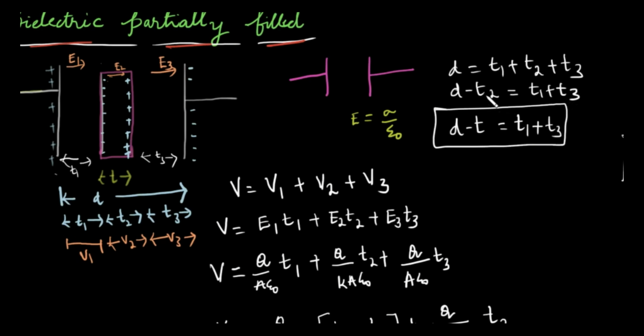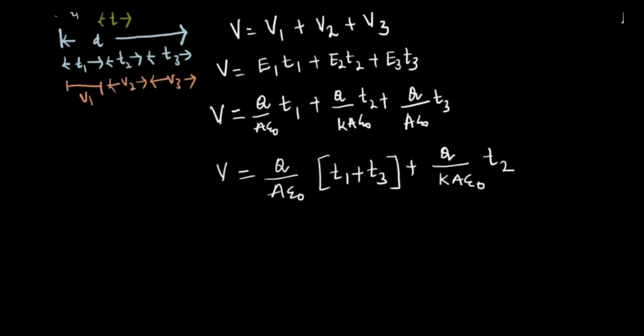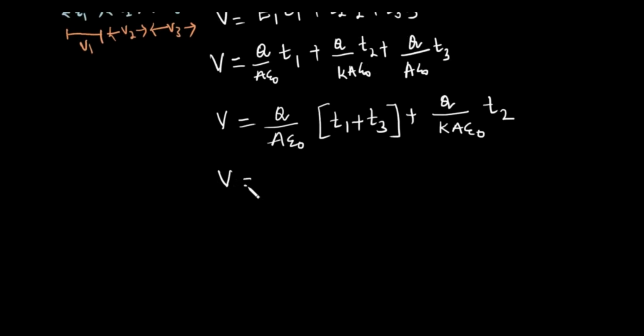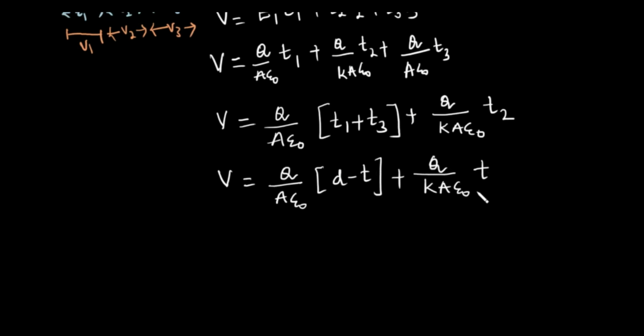Now t2 is nothing but the thickness of the dielectric, so t2 is t. So d minus t is equal to t1 plus t3. In place of t1 plus t3 I will write d minus t plus q by k a epsilon naught into t2, and t2 is nothing but t.